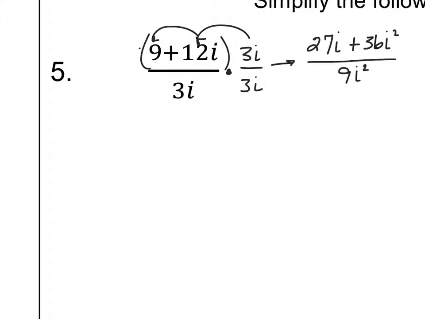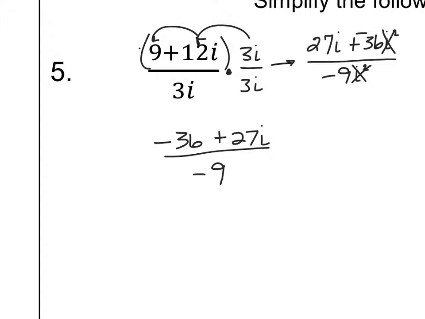Okay, so now, just like multiplication, I'm going to cross out my i squareds and change the sign. So cross out the i squared, make the 9 negative. Cross out the i squared, make 36 negative. So on the top, real number first, that's negative 36 plus 27i all over 9, negative 9.